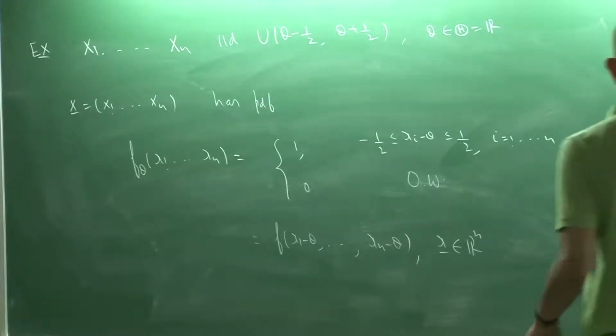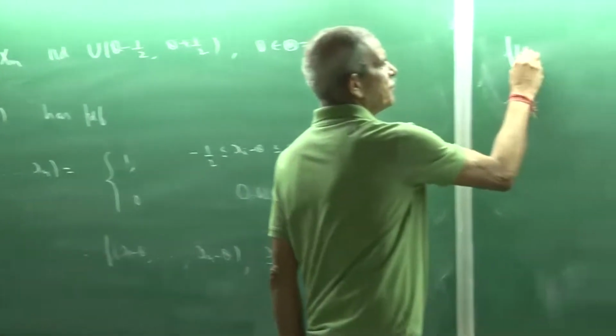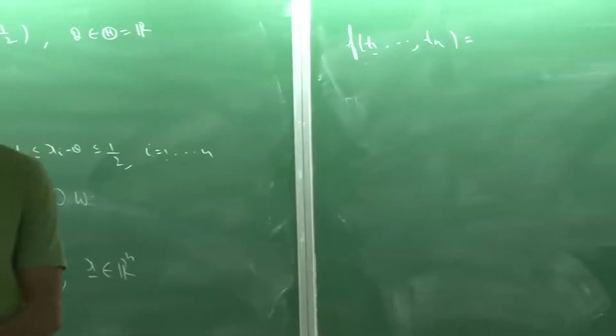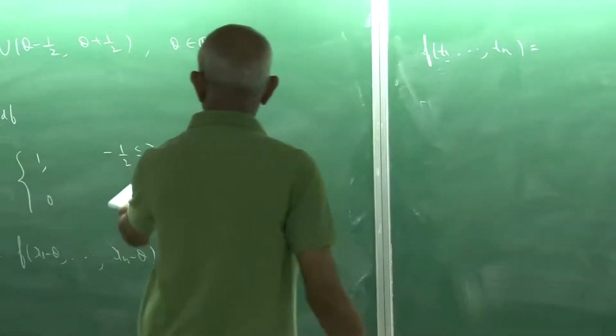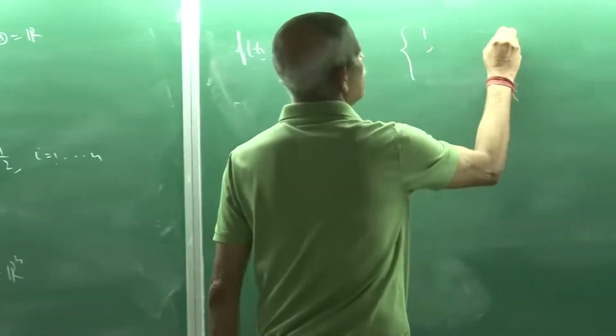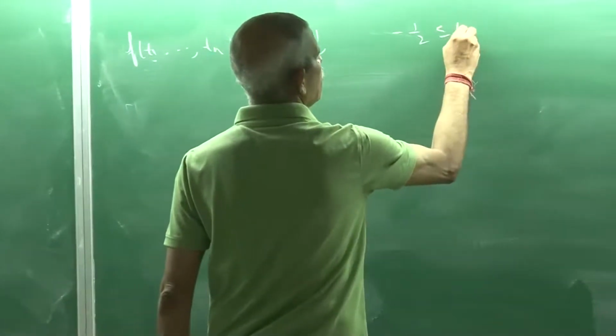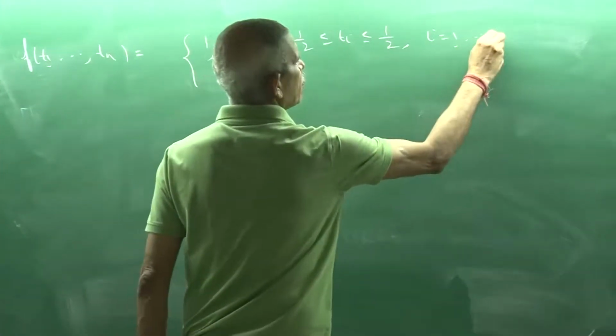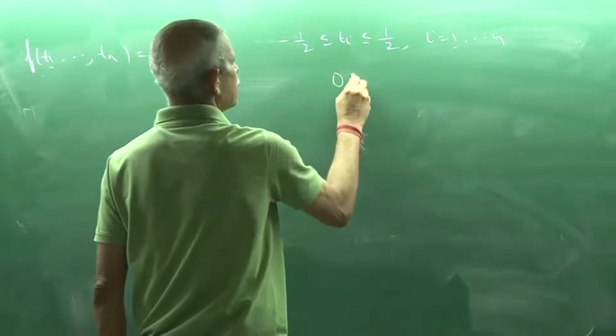My f of t1, t2, ..., tn is nothing but, I just put xi minus theta as t over here. So this is 1 if minus half is less than or equal to ti less than or equal to half for i equal to 1 to n, 0 otherwise.